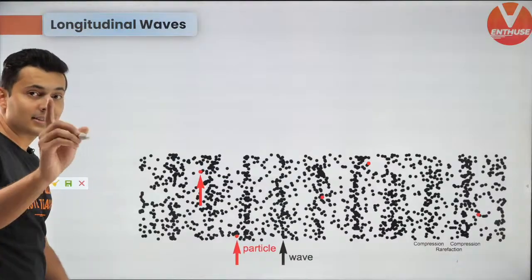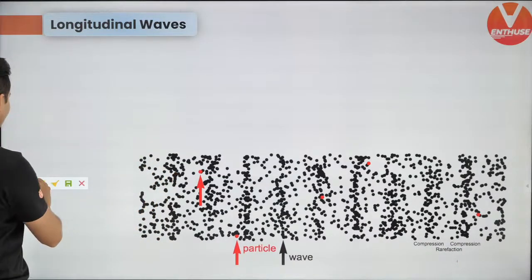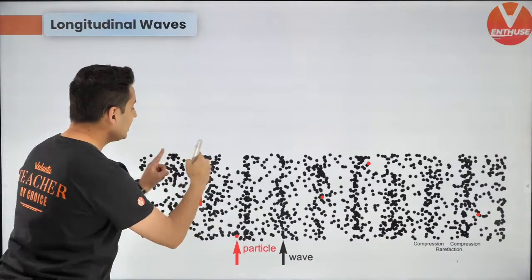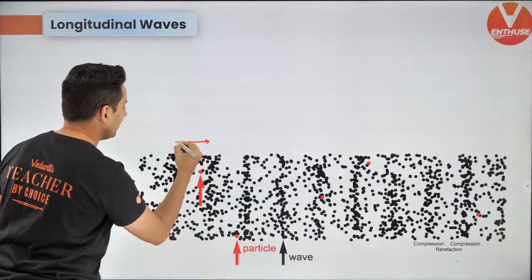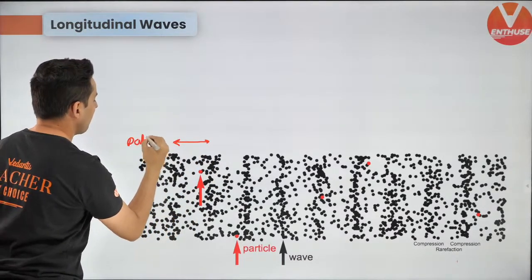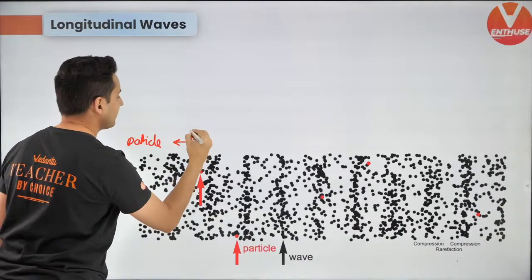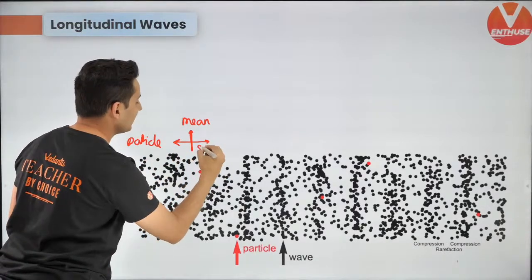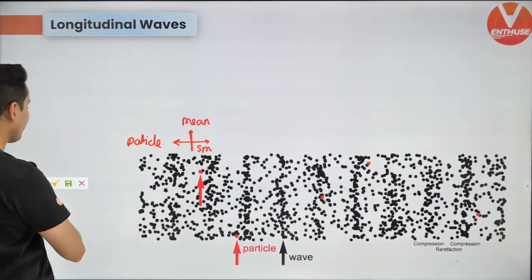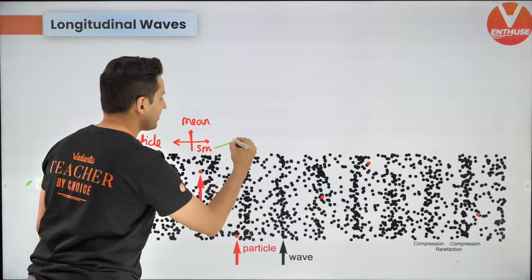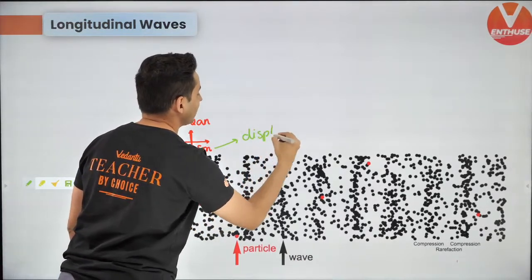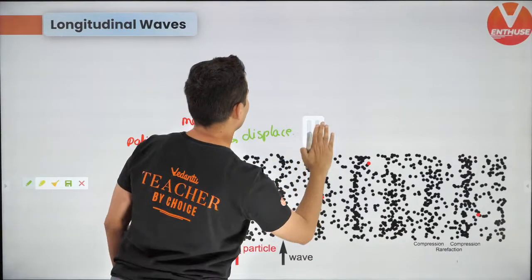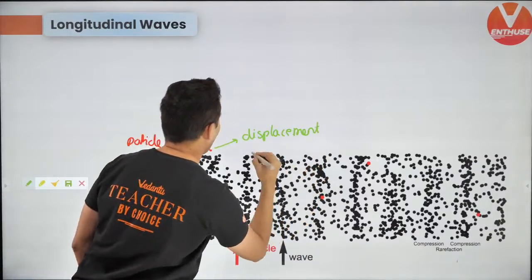Now, understand, if I have to write the equation of any particle, each particle is going back and forth like this. So there is some mean position and the particle is going back and forth. So there is some amplitude. This sm over here is called the displacement amplitude.